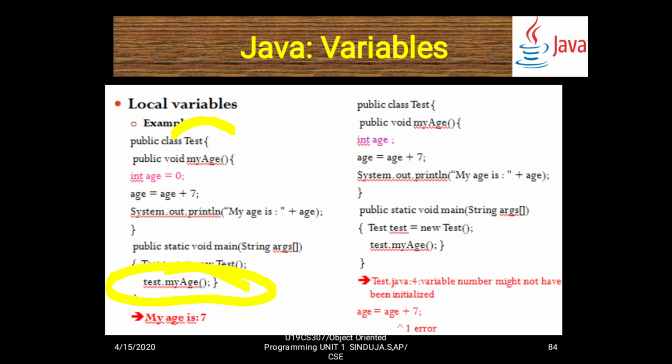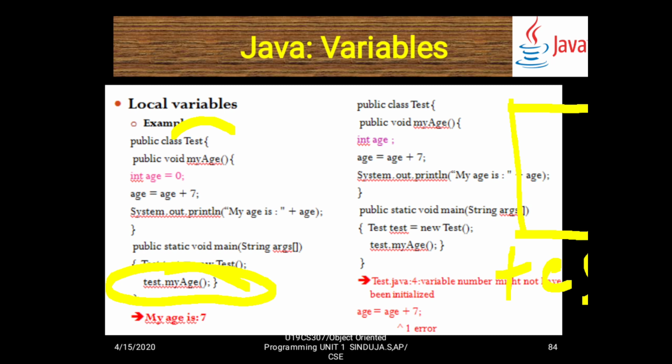What happens is, in this test dot my age, test is my object. This is my test object. Under the test, if I'm creating an object called test, it takes the parameters of my class.